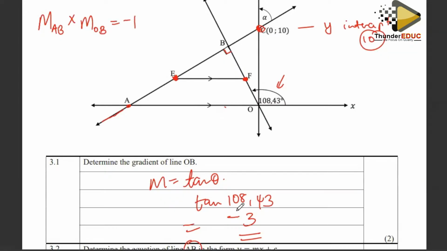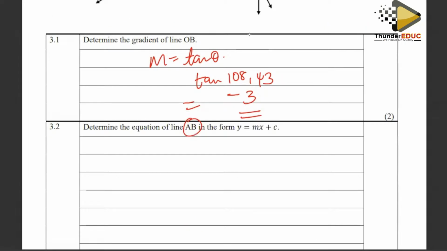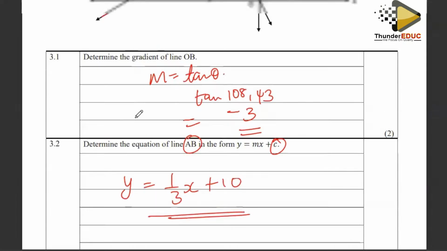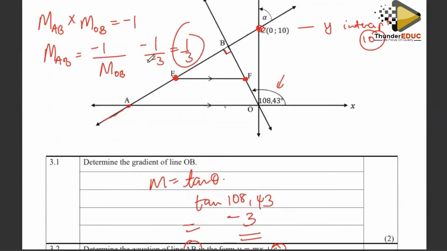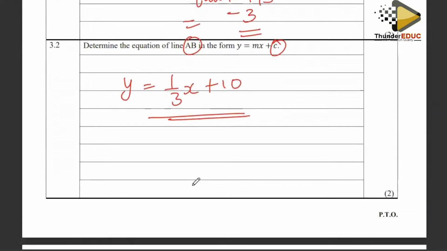Since the gradient of OB is negative 3, m of AB is going to be negative 1 over negative 3, which becomes 1 over 3. We already have the y-intercept, so y is going to be 1 over 3x plus 10. That is what the question technically wanted: to show this multiplication of perpendicular lines, and then the answer.